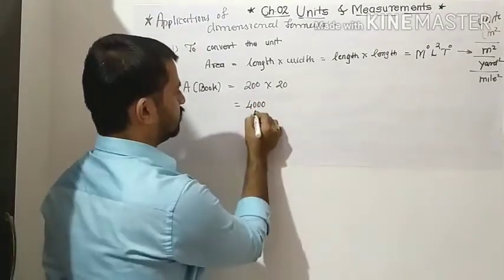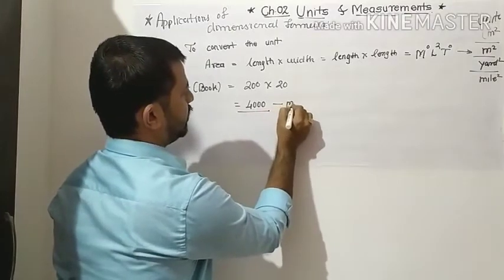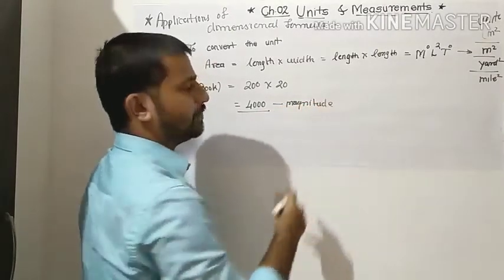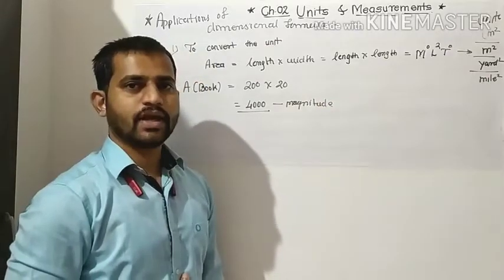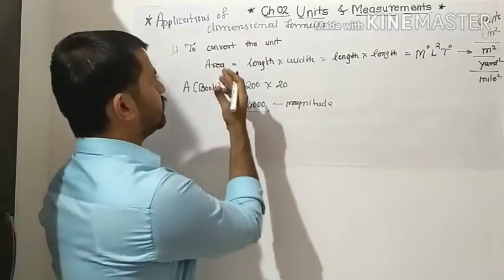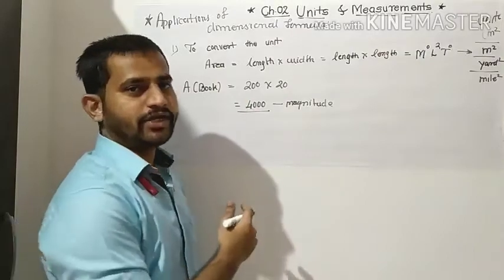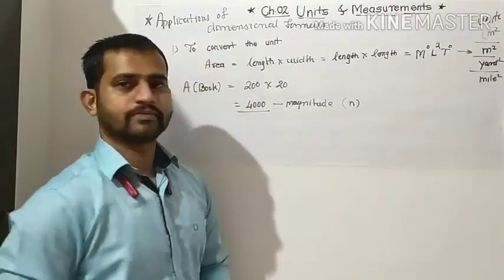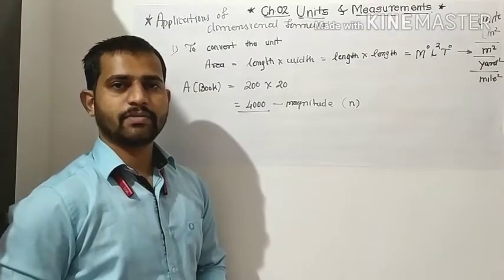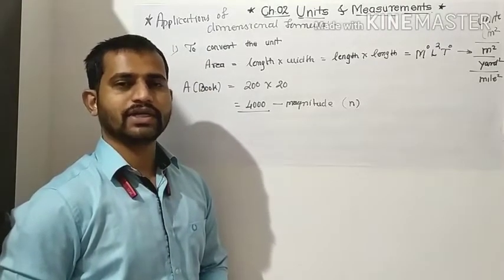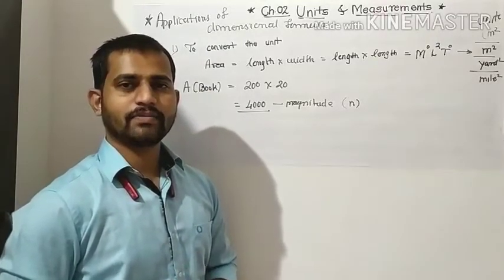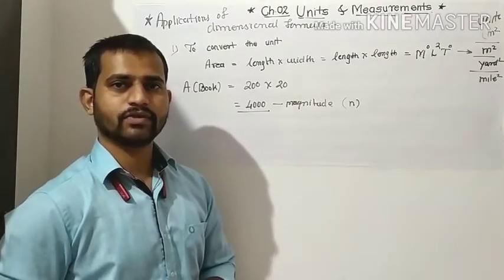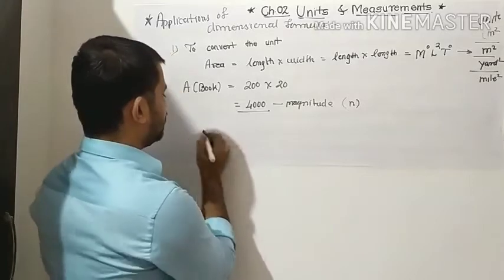This 4000 represents the magnitude, and in our dimensional formula, this magnitude is represented by the small n, because any quantity can be represented by the magnitude into its dimensional formula.